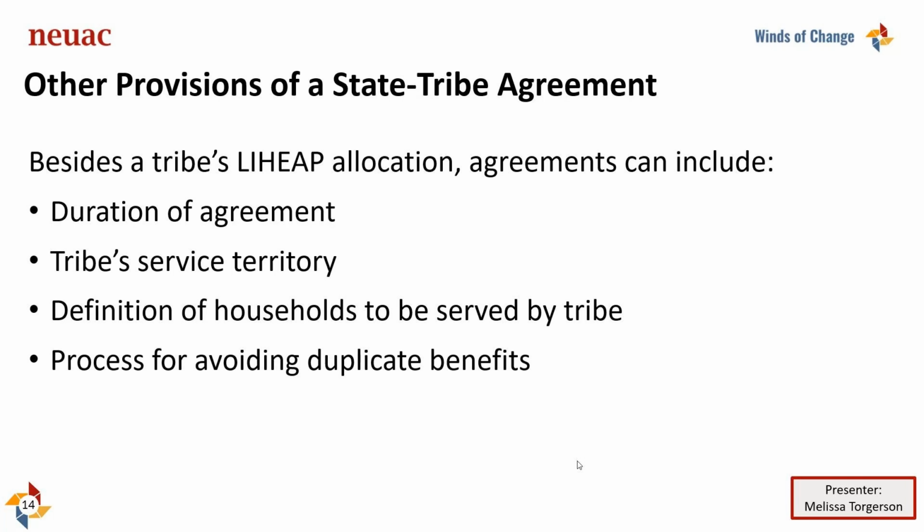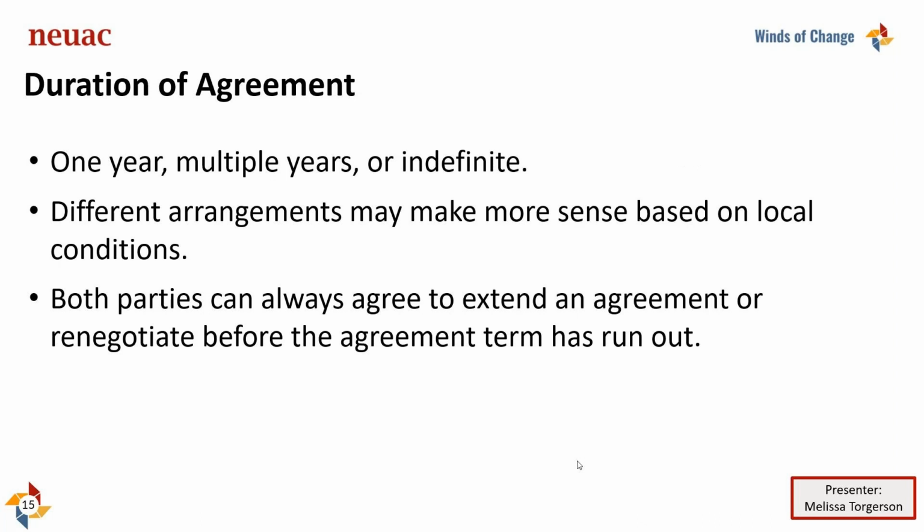A definition of households to be served by tribes is another thing that we're going to focus on, and then the process for avoiding duplicate benefits. So the duration of an agreement can be 1 year, multiple years, or indefinite. As you heard today, and I think it's the most important point, that old crumpled, literally typewriter tribal agreement that I pulled out of that file was the most recent one done between that particular tribe and the state that I worked in.